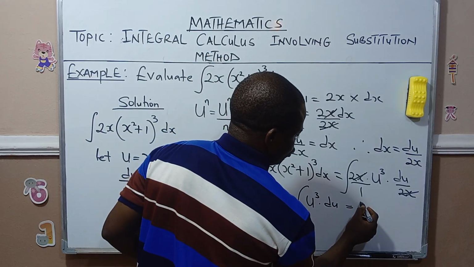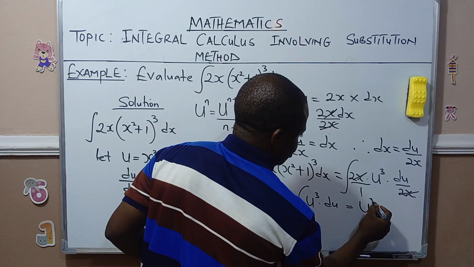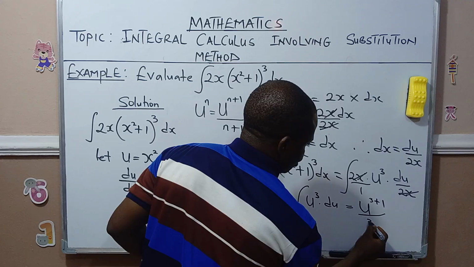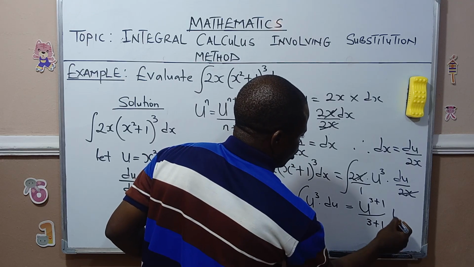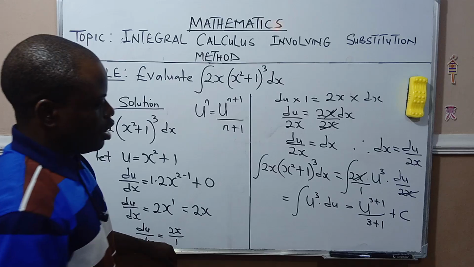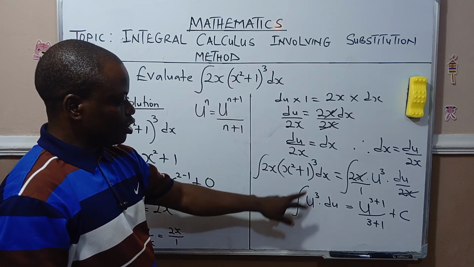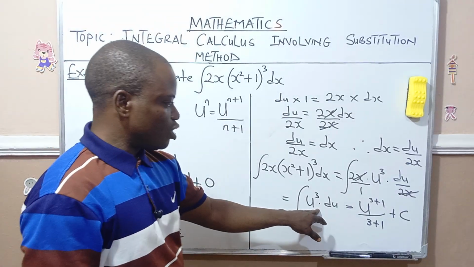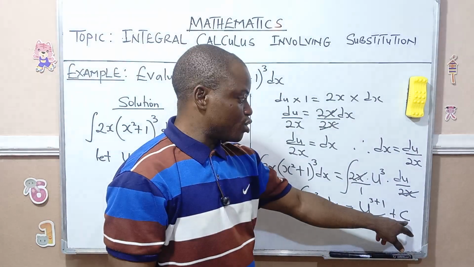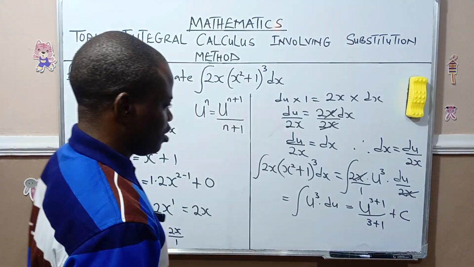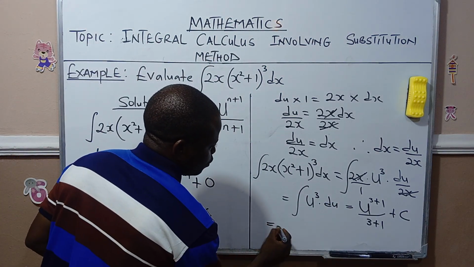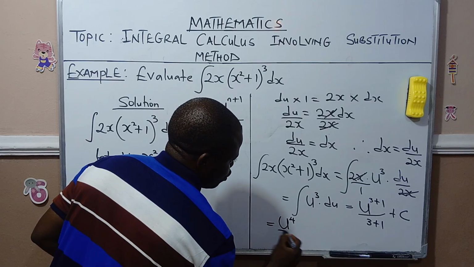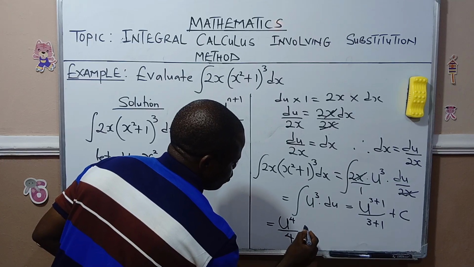You have u raised to power 3 plus 1 over 3 plus 1. Immediately you remove the integral sign by integrating the expression, you have to introduce your constant, that is plus c. Now it will equal u raised to power 4 over 4, that's 3 plus 1, plus c.